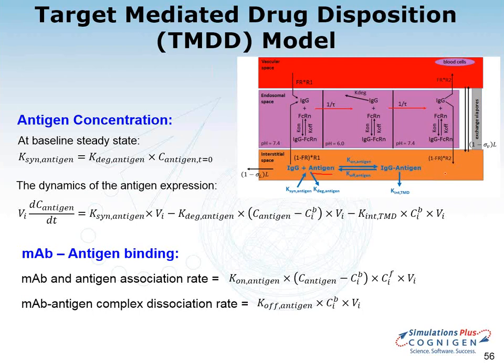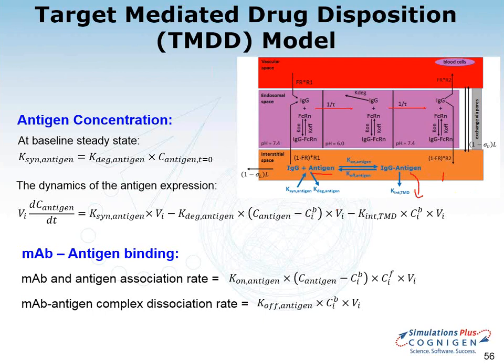What we include right now is the receptors or antigens that are bound to the surface of the cells, and once the antibody reaches that tissue, it can bind to the antigen. The bound antibody would be internalized and degraded along with the antigen as the complex.